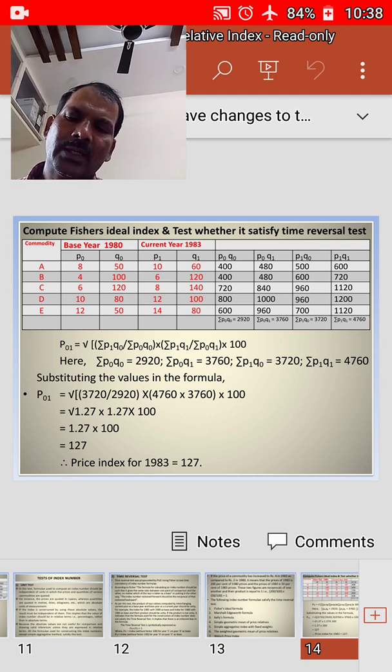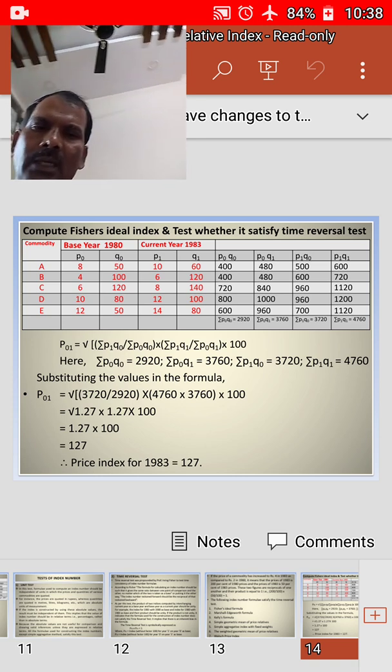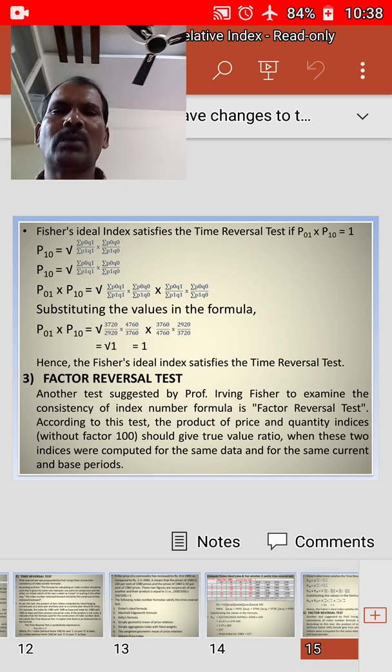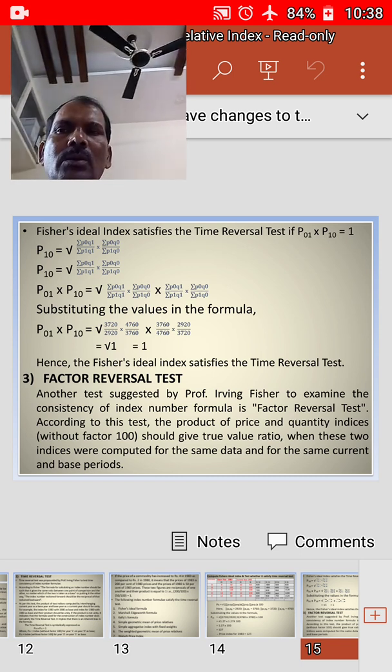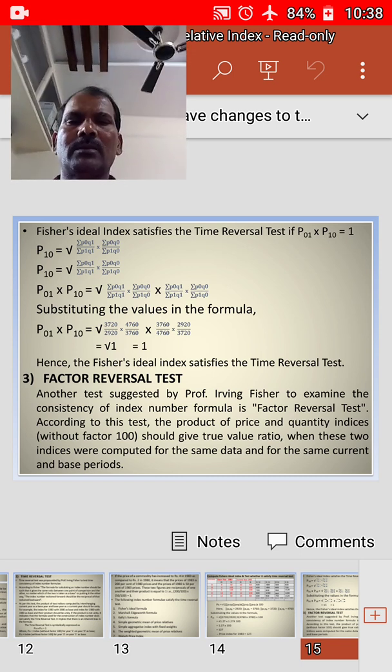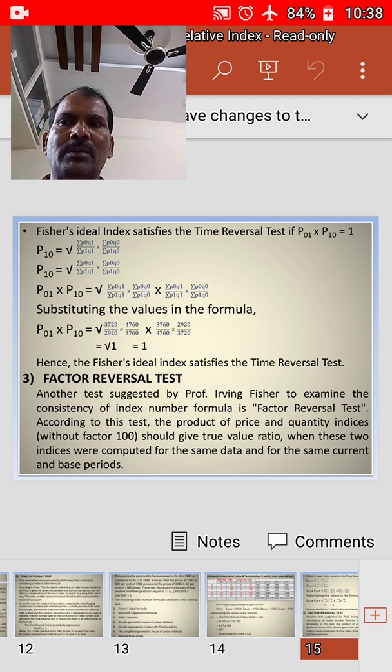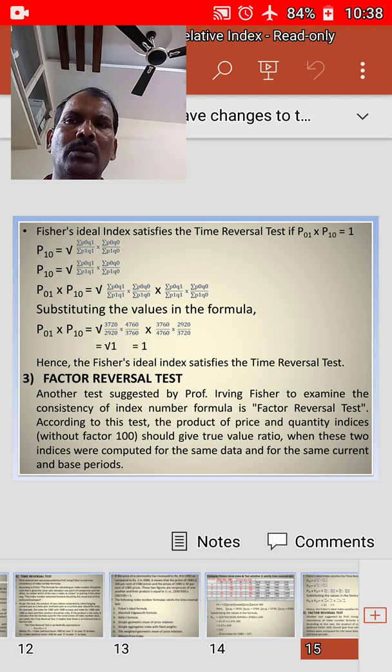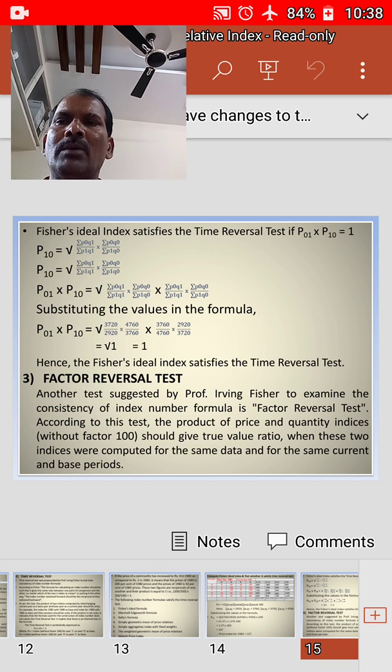Whether Fisher's ideal index satisfies the time reversal test or not, we will see now. P01 into P10 is equal to 1, and that should be satisfied. P01 is sigma P1 Q0 by sigma P0 Q0 into sigma P1 Q1 by sigma P0 Q1, whereas P10 is equal to sigma P0 Q0 by sigma P1 Q1 into sigma P0 Q0 by sigma P1 Q0.